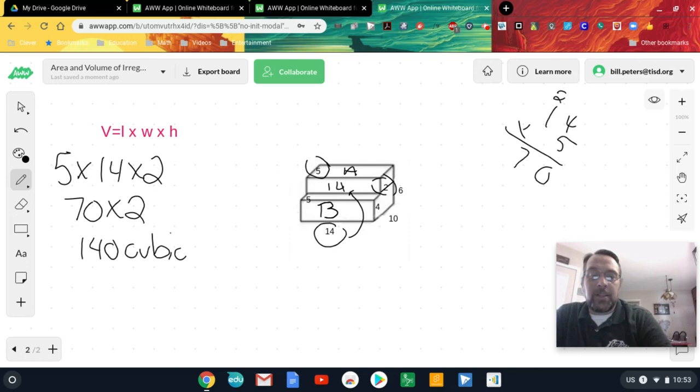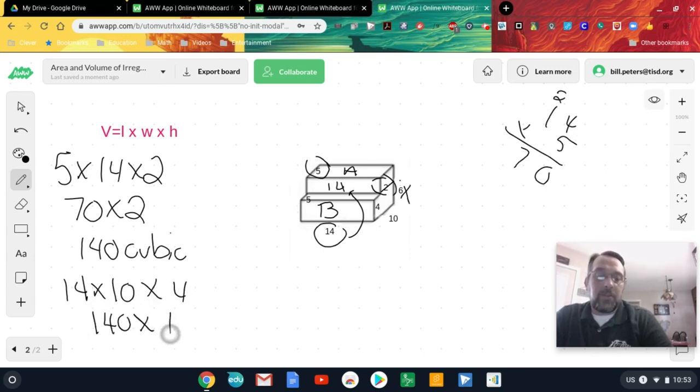I have a length of 14, a width of 10, and a height of 4. Remember, this 6, we don't need that anymore because 4 plus 2 is 6. So then I will do 14 times 10 times 4. This is 140 times 4, which is 560.